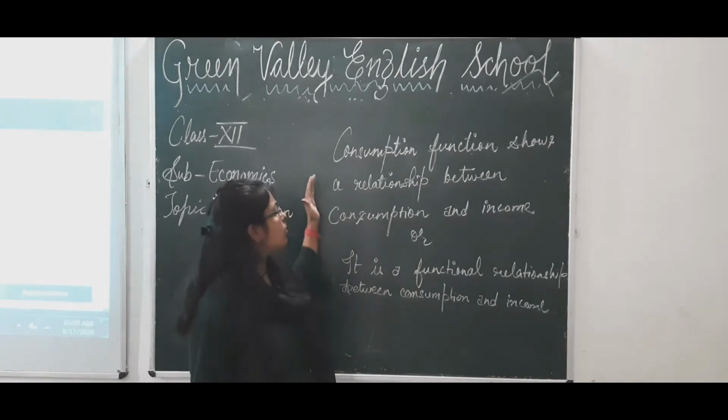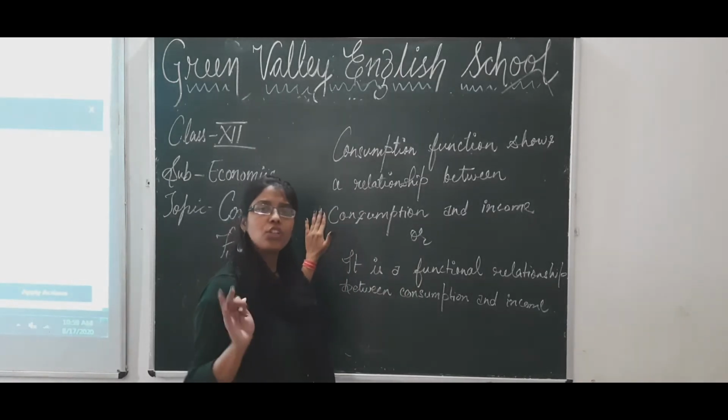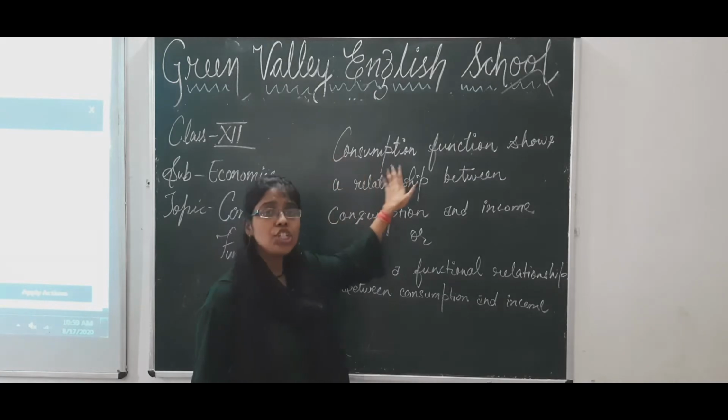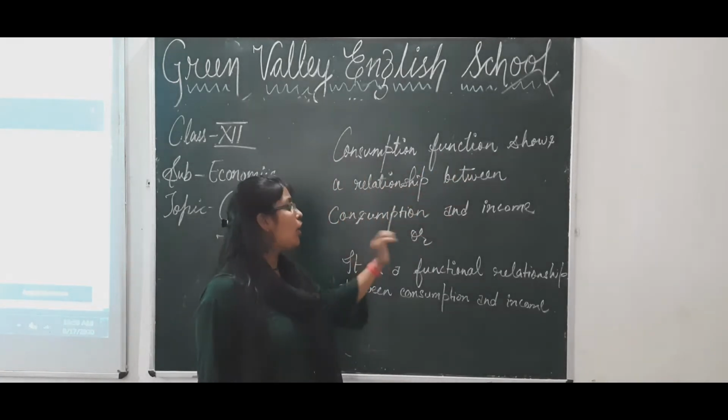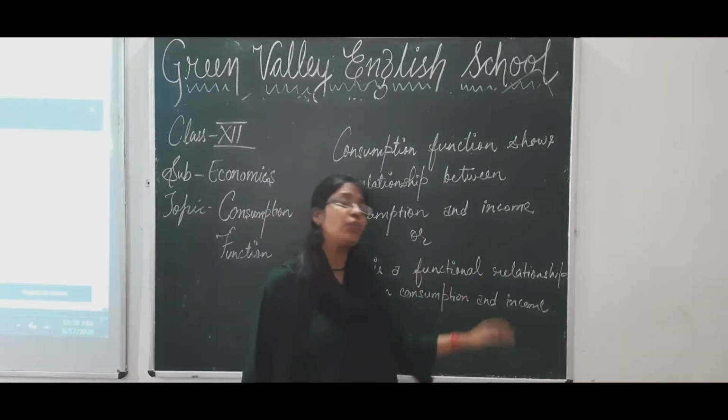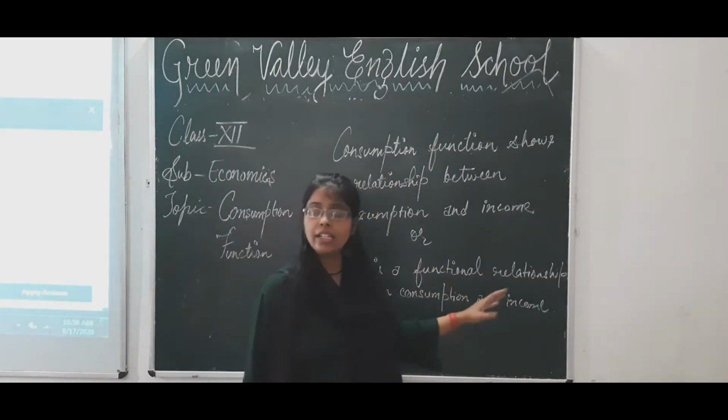First of all, you can note down this definition of what is actually consumption function. Consumption function shows a relationship between consumption and income, or you can say it is a functional relationship between consumption and income.